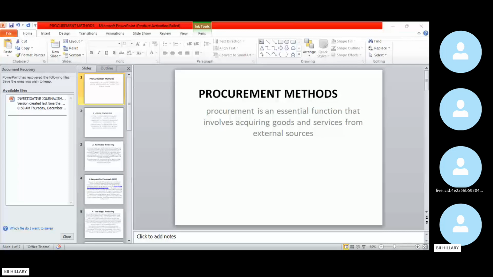And as you know, procurement is the entire process that involves identifying the need for goods, all the process up to the final where you acquire the goods or service. So procurement is an essential function that involves acquiring goods and service from external sources. And what we are going to discuss majorly is the procurement methods.